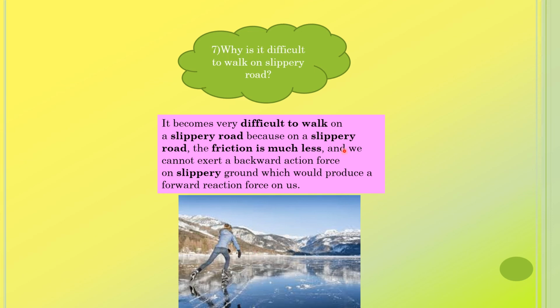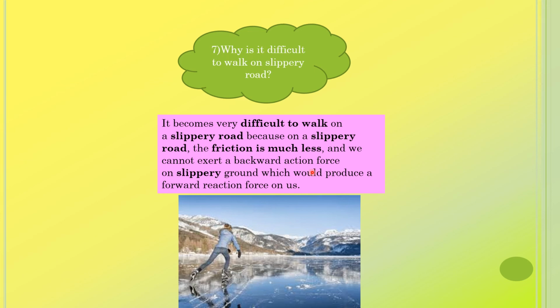But when it is slippery, the friction is very, very much less on that particular slippery road or slippery area. Friction is very important for you to move forward because we know that friction always acts in the opposite direction. So if you are applying a force in the backward direction, friction is going to apply a force in the forward direction, due to which you get a forward push. So if friction is less, that means you are getting less forward push.